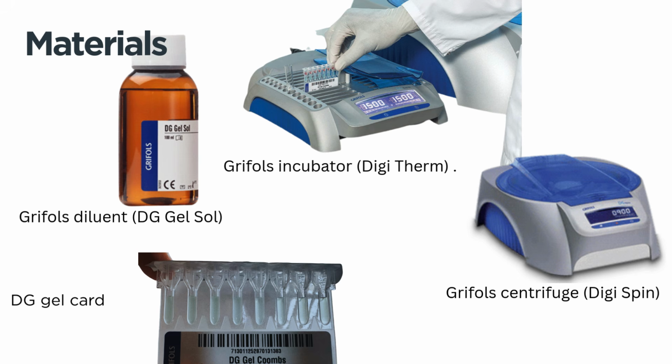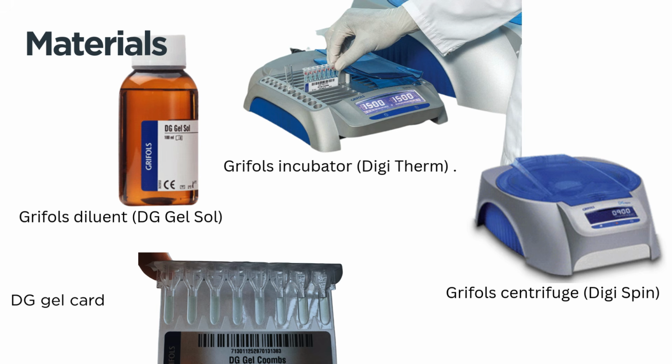Here we have the Grifols diluent or the DG gel sol, which is essential for preparing the samples for testing and ensuring accurate results. Then we have the Grifols incubator known as Digitherm. This incubator is designed to provide the precise temperature conditions necessary for optimal antigen antibody interactions during the incubation phase of testing.